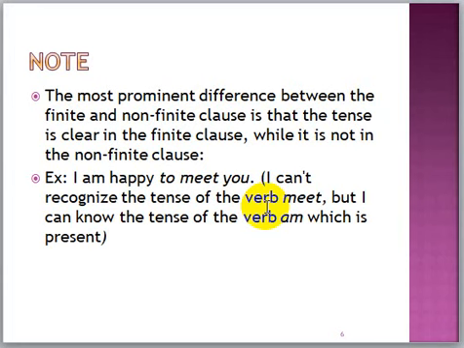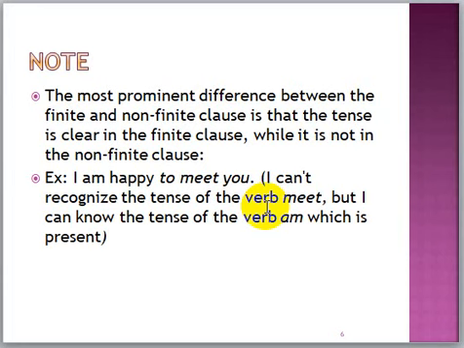However, the finite verb definitely has a tense, so we can easily find out the tense. If I say, I go to school every day, this is a simple example. Now go is a finite verb, and how can I know the tense?